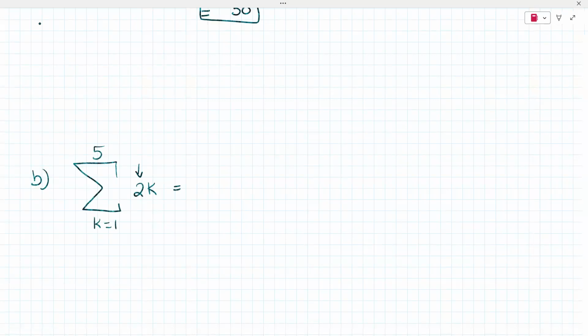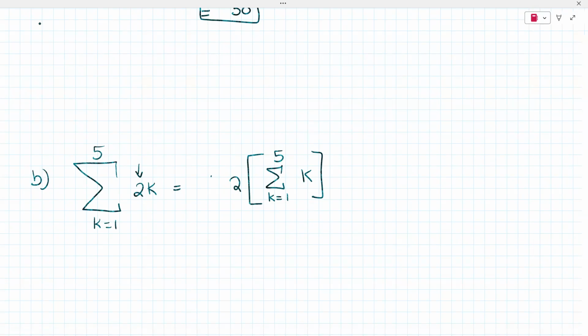So you can rewrite this: 2 is a constant, so take it out, and multiply it by the summation of k equals 1 to 5 of k. So our new nth formula is k, and then we go up to 5.